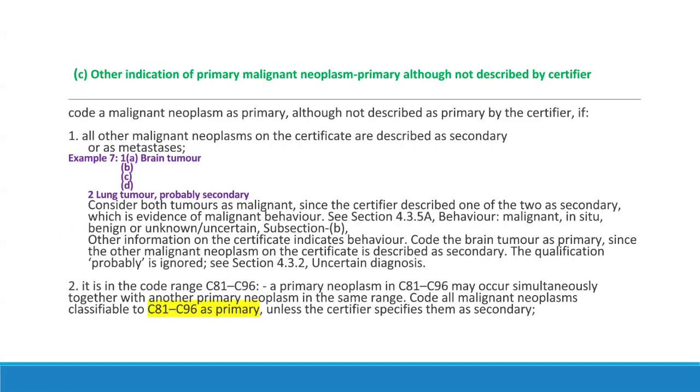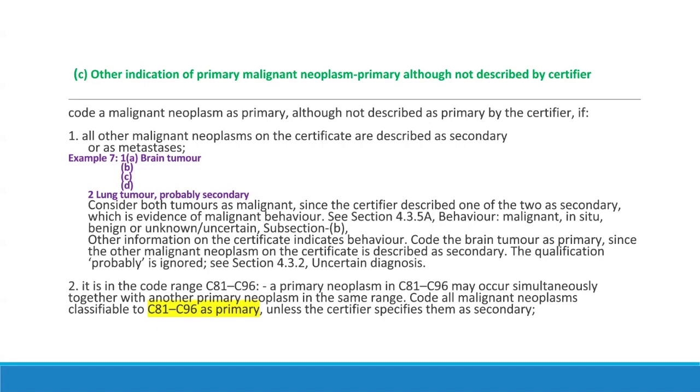This slide outlines the criteria for coding malignant neoplasms as primary, even if not described as such by the certifier. It specifies that a neoplasm should be coded as primary if other neoplasms on the certificate are noted as secondary or metastatic, using the example of a brain tumor being primary if a lung tumor is labeled as probably secondary.